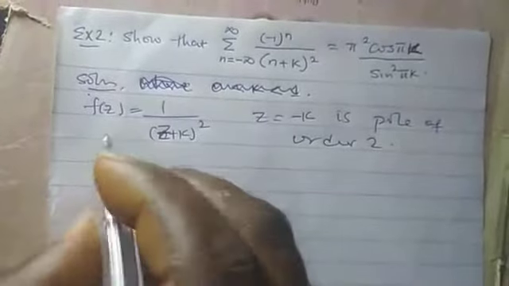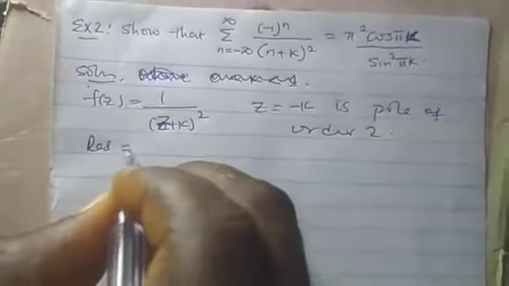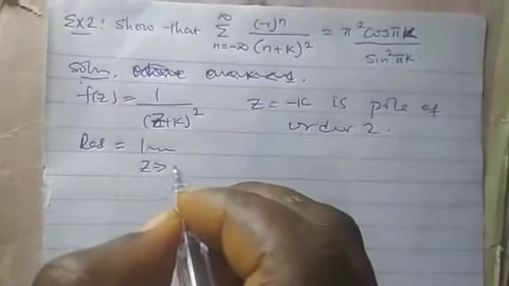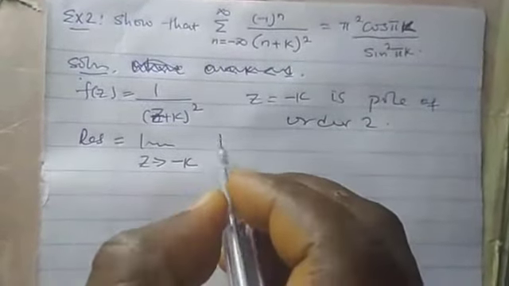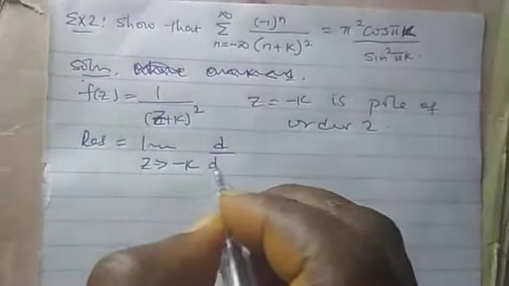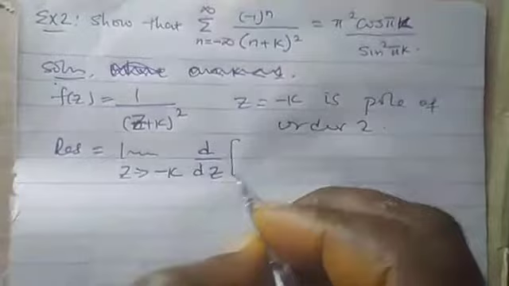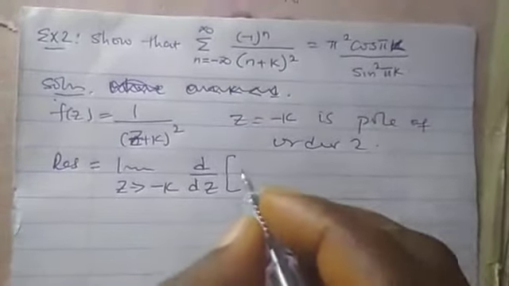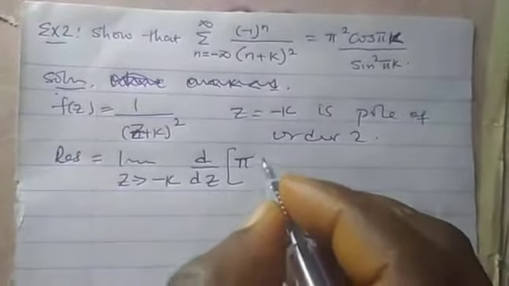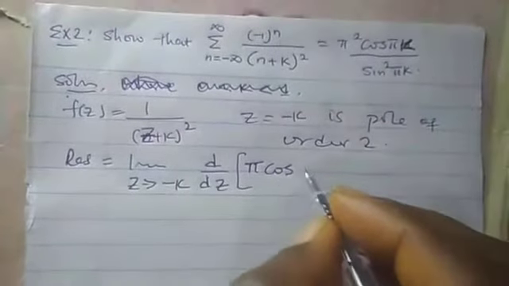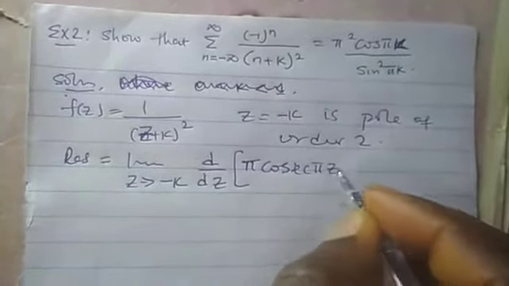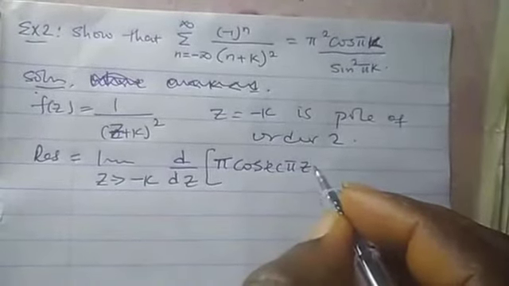Therefore, we need to find the residue. So the residue at that pole will be equal to the limit as z tends to minus k of d/dz, if you use the formula for residue of a double pole, d/dz times the formula, which I just show you now: pi cosec pi z and our f of z.